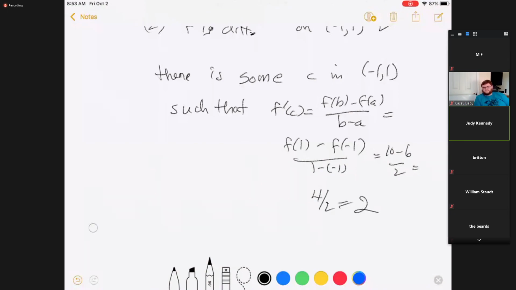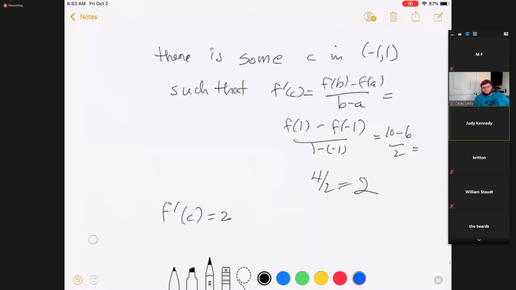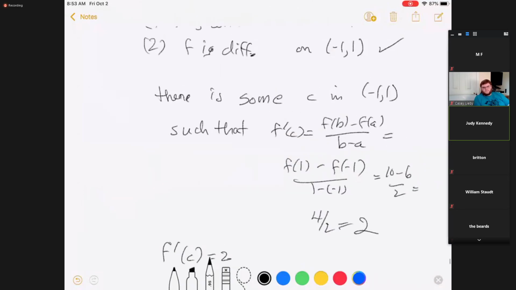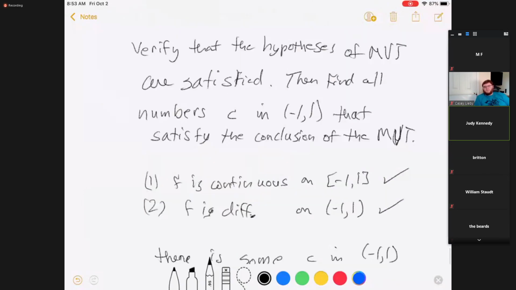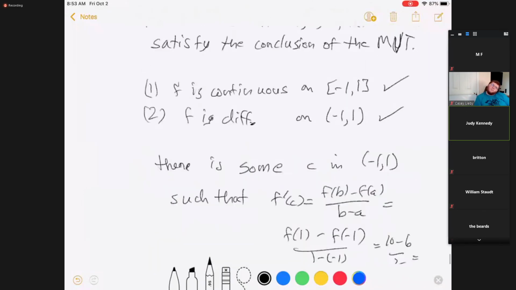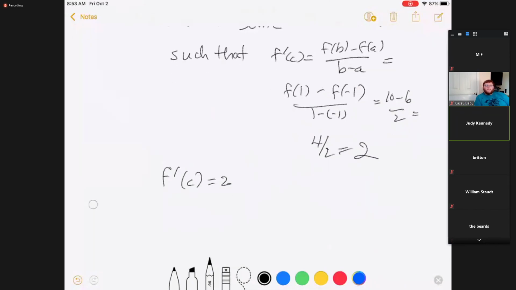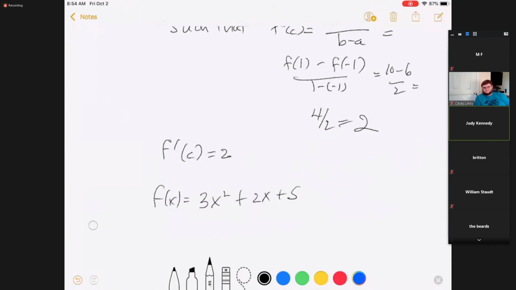So f prime of C must be equal to 2. And I can figure out what f prime is pretty easily. f was 3x squared plus 2x plus 5, so f prime is 6x plus 2.